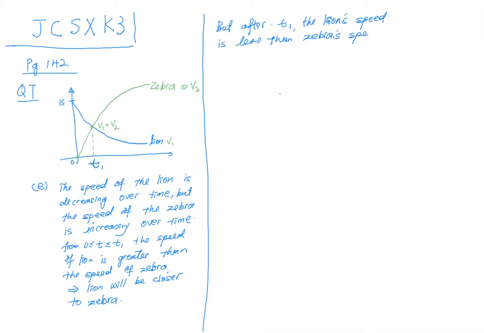Am I right? So which means the zebra will move further away from the lion. So therefore, when they are at the same speed, that is a time whereby the lion is closest to the zebra. Get me? That is how you explain.